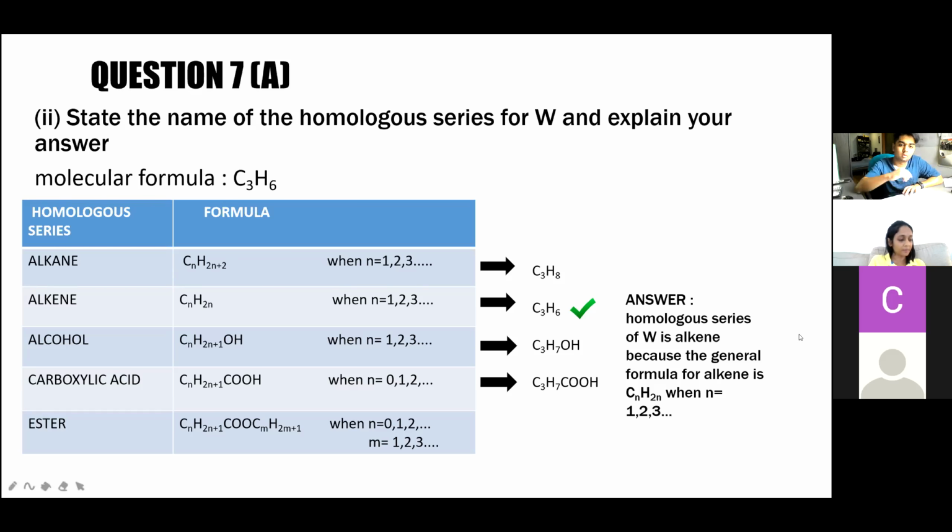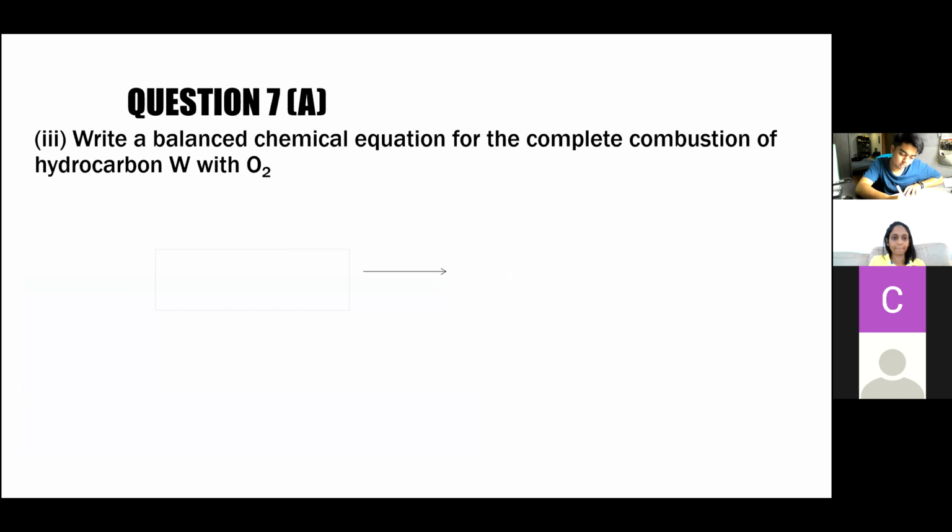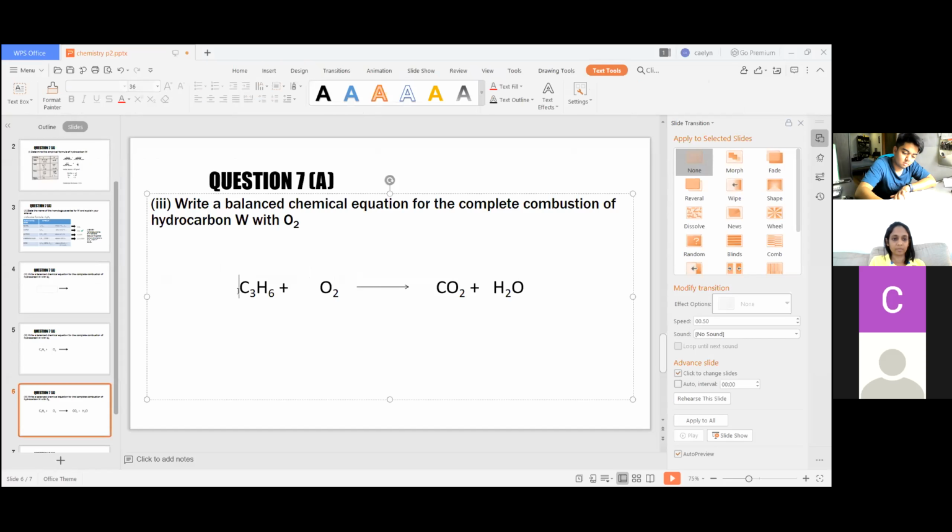Okay, go on. And then for the next question, we write a balanced chemical equation for the combustion of hydrocarbon W with oxygen. So we have our reactants in the question, which is C3H6 and oxygen. And we know during combustion, we'll get carbon dioxide and water. And right now it's not balanced. So we have 3 carbons here.